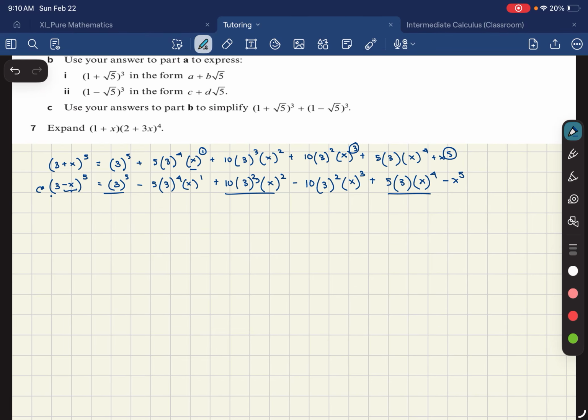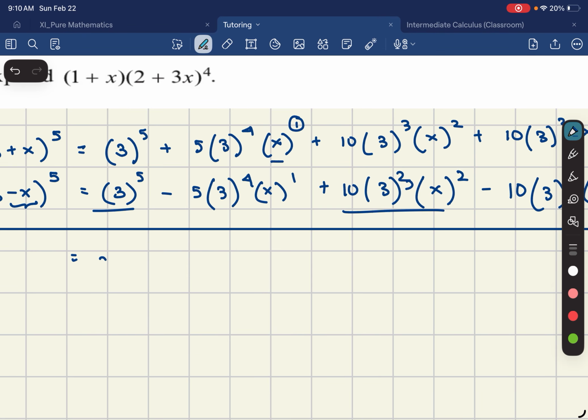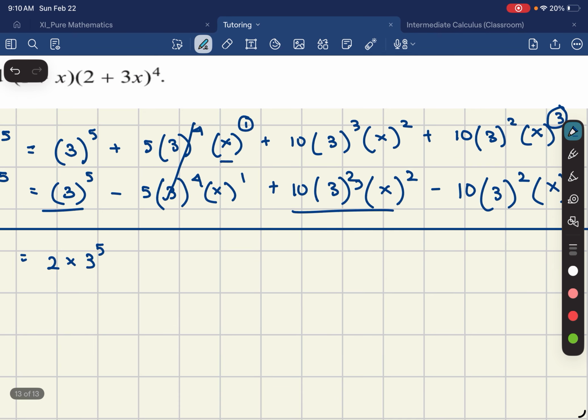So if I add these two together, which is what the question is asking me, I get 2 units of this. These cancel out. Plus 2 units of this, right? One thing plus one thing is 2 of that thing.